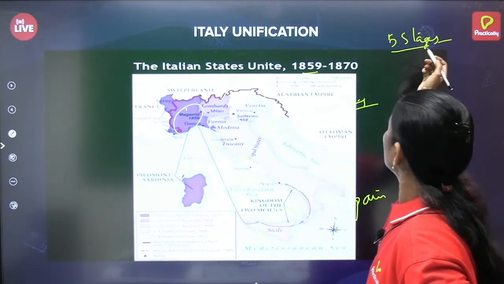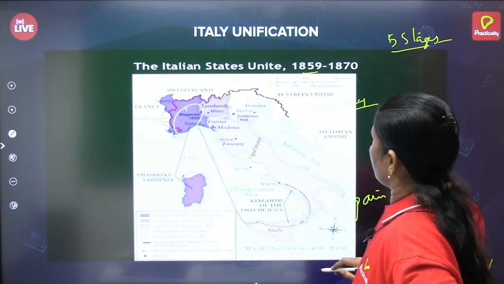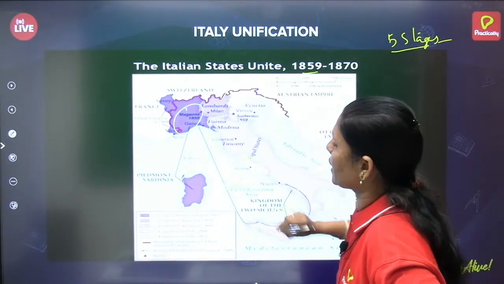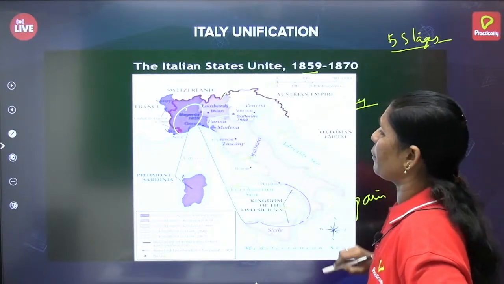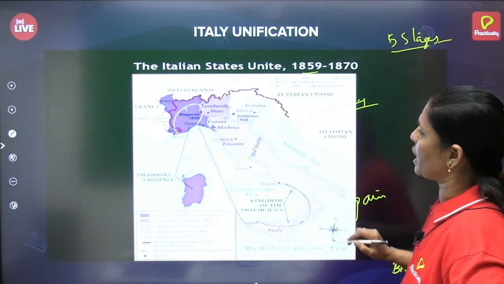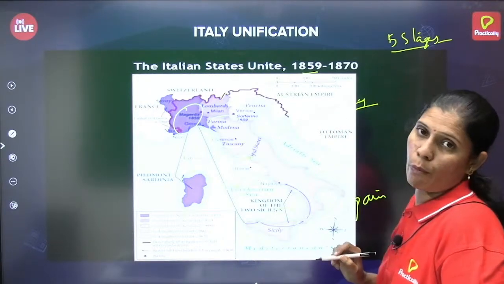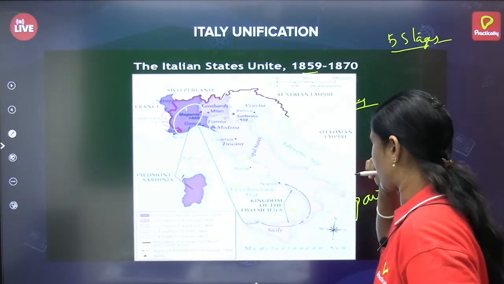So here, in the first stage of Sardinia and Piedmont, Lombardy was already given in the first phase, in helping with the Prussian unification, that is the Prussia-Austria war.